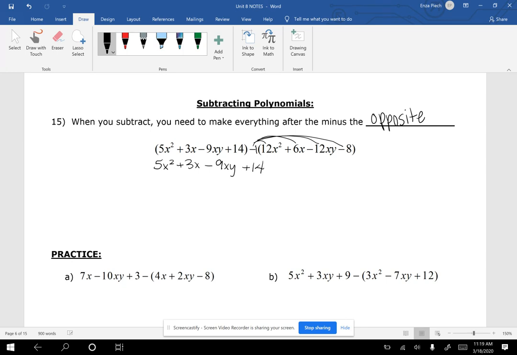Now we're going to distribute that -1 to everything inside our second set. Now we have a -12x squared, -6x, a +12xy, and a +8. So now we're going to go in and combine our like terms.